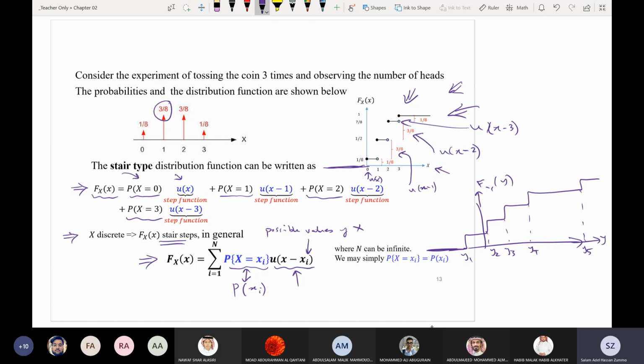This is equal to 1, and this is equal to 0. We start at 0 always. Is that clear, guys? So it looks always like this.